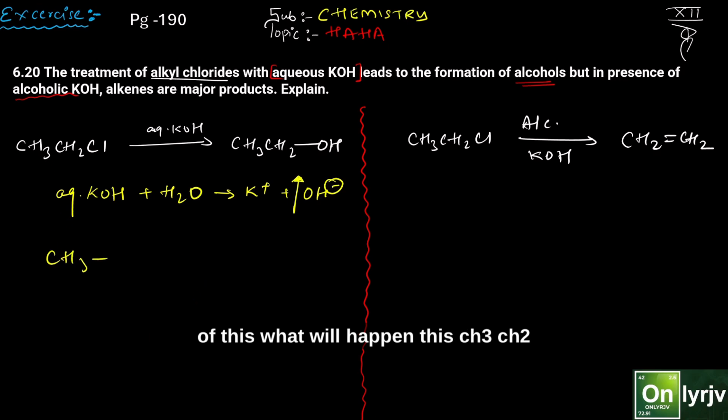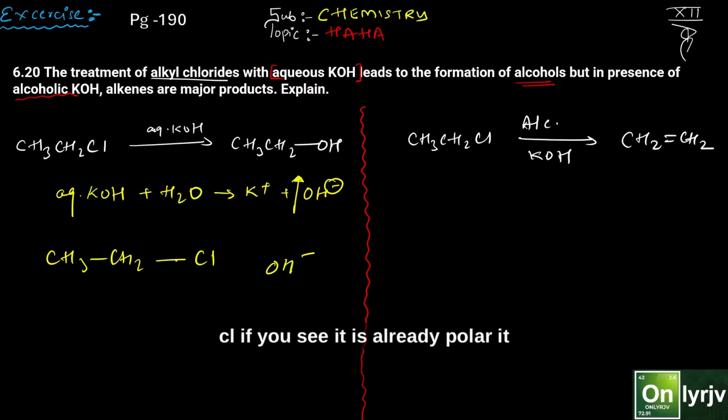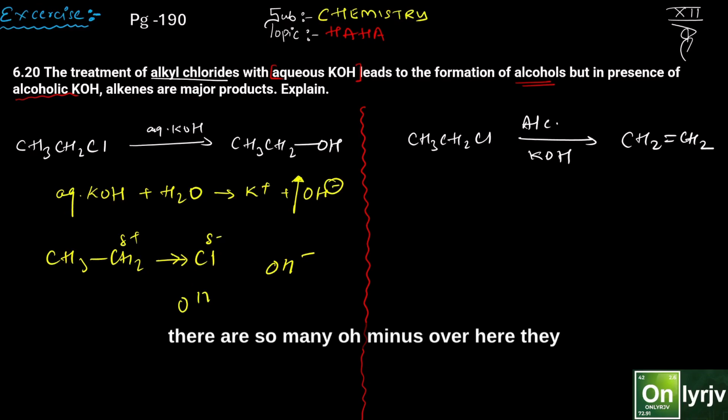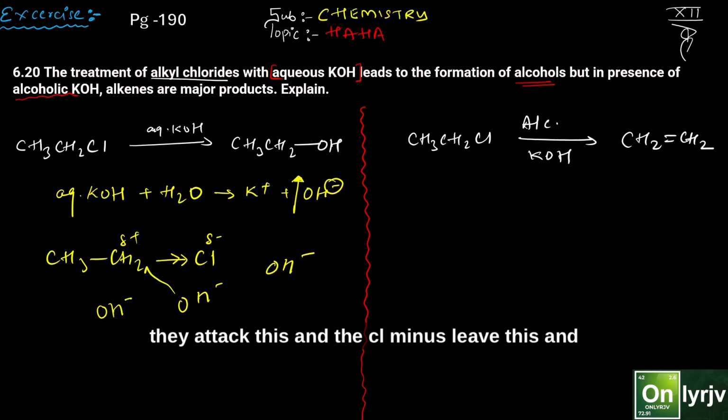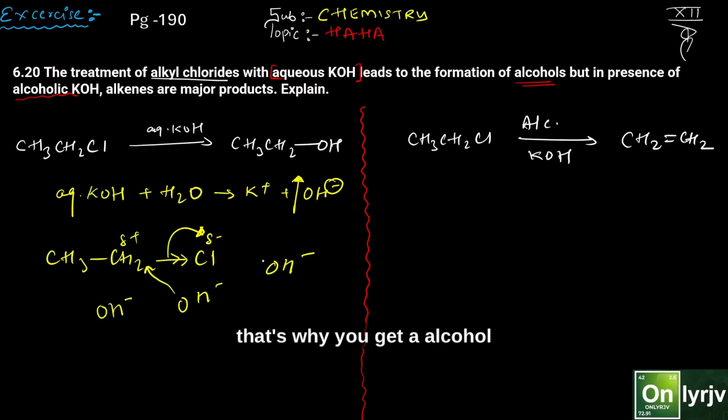In CH3CH2Cl, the Cl is already polar, it is negative, and this carbon gets positive, and there are so many OH- over here. They force this Cl to give up this CH2 to them, and they attack this, and Cl- leaves, and that's why you get alcohol formation.